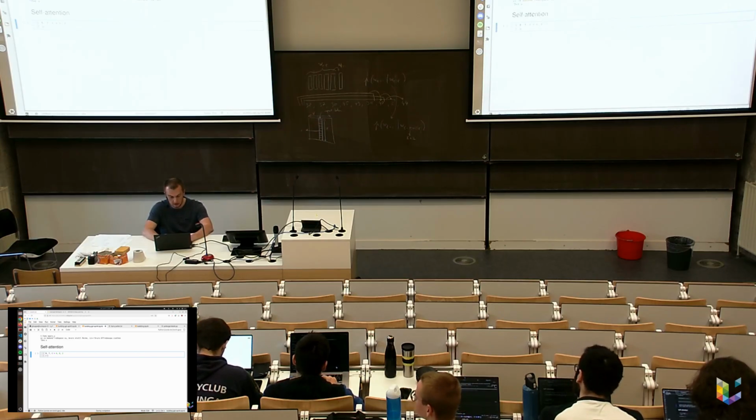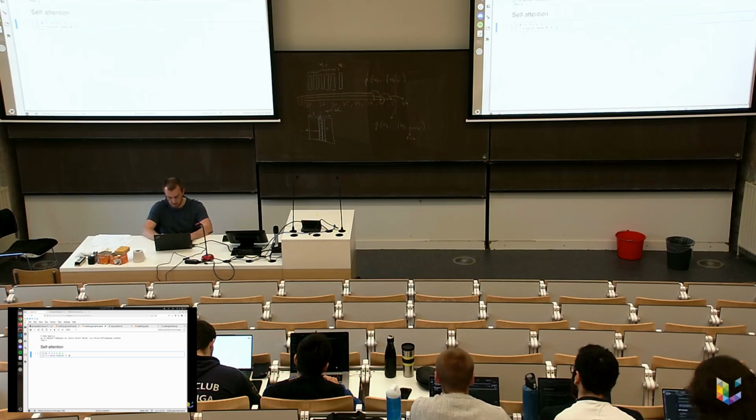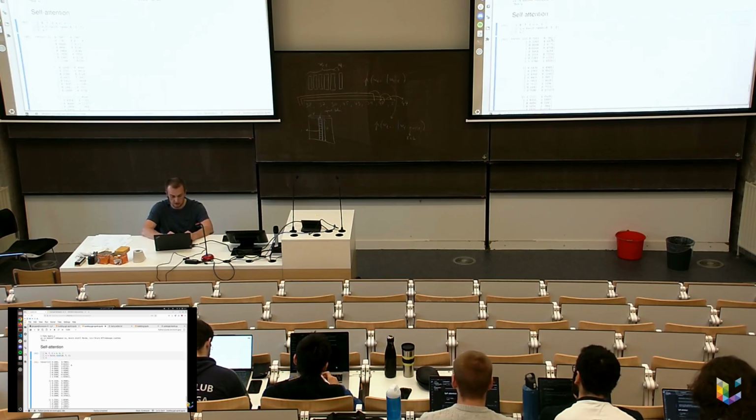So I instantiate some random values, B, T, C, and I have a tensor as expected, and the content would be something like this.